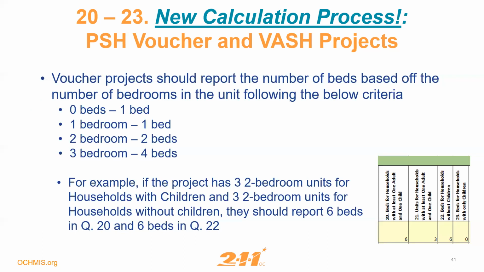So for example, if the project has 3 2-bedroom units for households with children and 3 2-bedroom units for households without children, they should report 6 beds in question 20 and 6 beds in question 22.